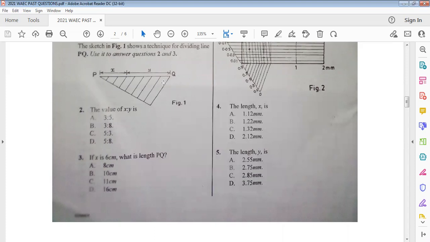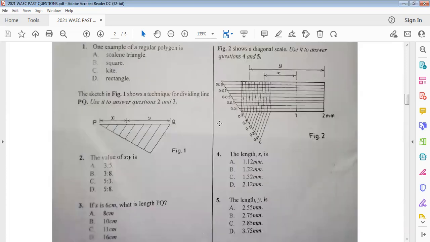If you look at the divisions, you see that they are all equal, so each division for y is also 2 centimeters. The number of divisions that we have in line PQ is 8. So if I multiply 8 by 2, that will give us 16 centimeters. So the answer is option D for question 3.